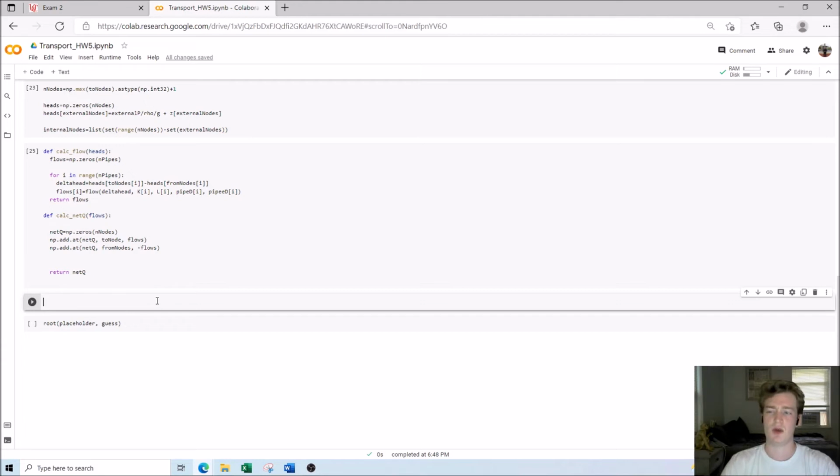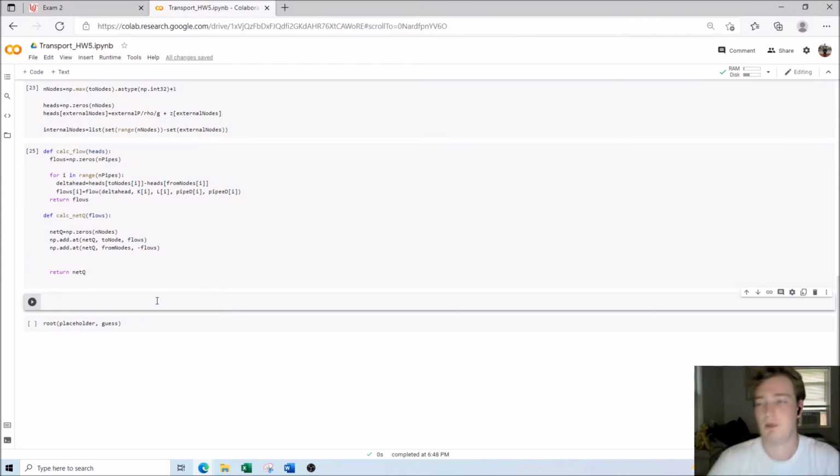But that's the thing, we don't know the pressure of the internal nodes. That's where the numerical solver comes in. We give it a guess for the pressures of the internal nodes, and the root solver will do its thing and spit out what it believes to be the pressures of the internal nodes. So let's take a look.